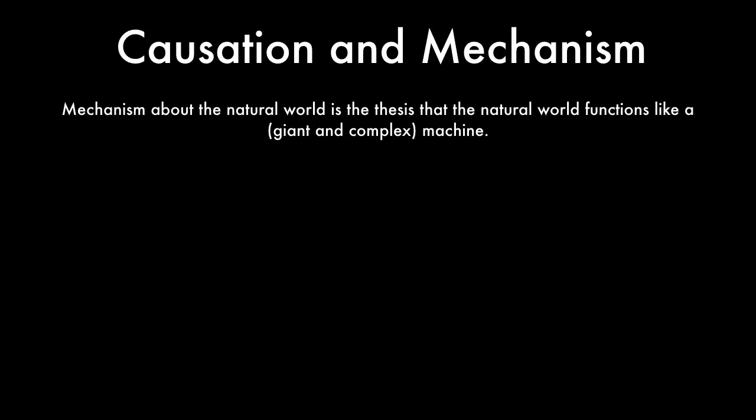This picture of the way the world is replaced Aristotle's picture of the way the world functions, and this is much of the reason why contemporary philosophers of science and scientists generally think that we only need causation in order to make sense of the sort of thing that something is, in order to explain how it is and why it is the way it is, and we don't need the material cause, the formal cause, or the final cause.